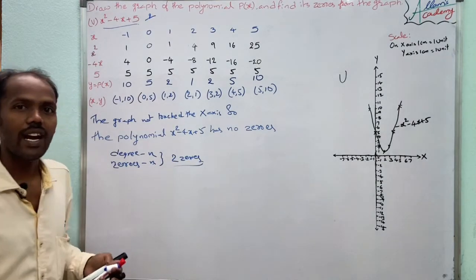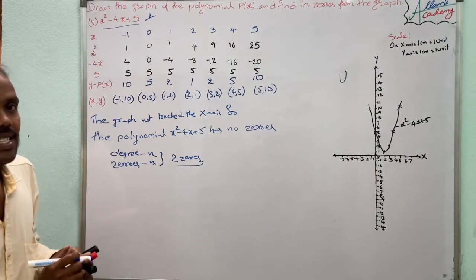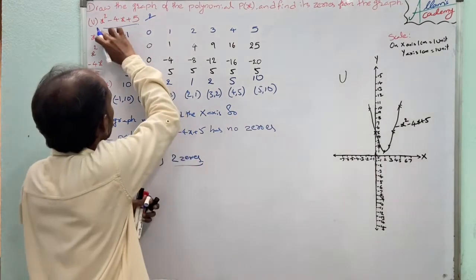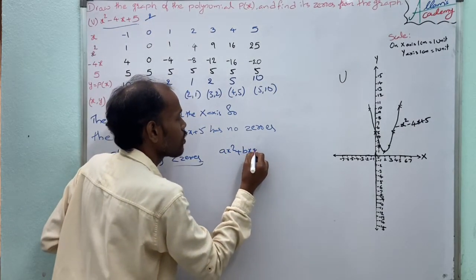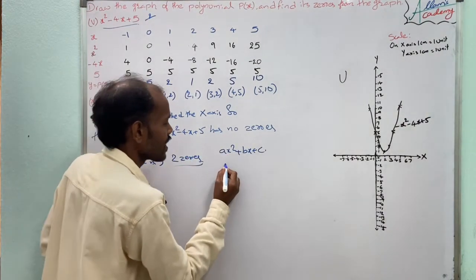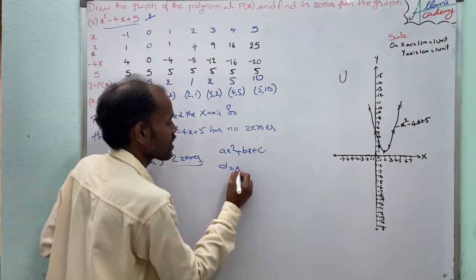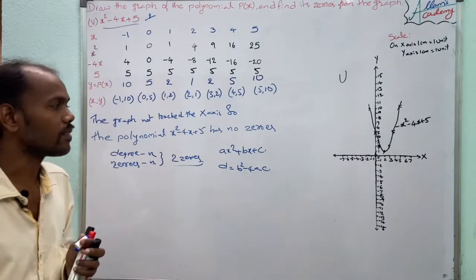So why did we not get 2 zeros? Here the general form of a quadratic polynomial is ax square plus bx plus c. Now for this quadratic polynomial we find the discriminant, the discriminant is b square minus 4ac.